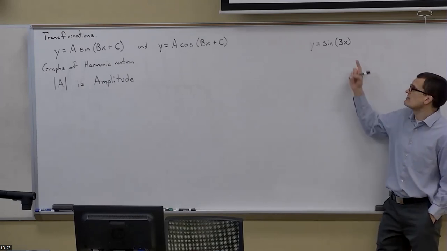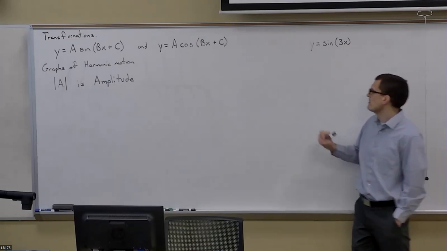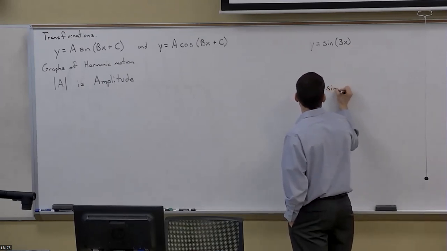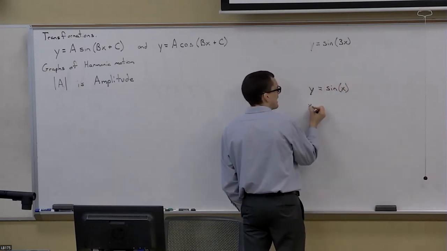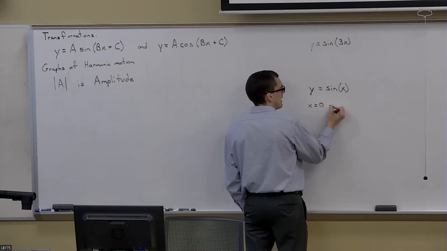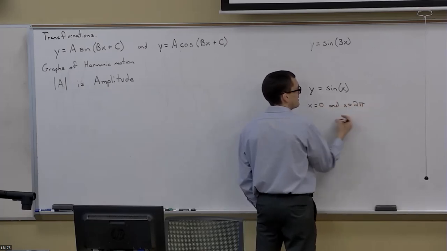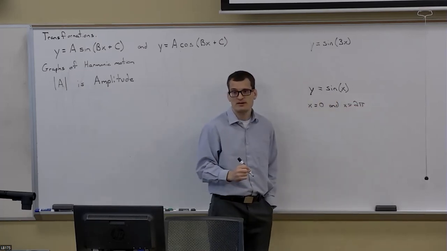In my original function, y equals sine of x, when x equals 0 and x equals 2 pi, these have the same outcome, right?